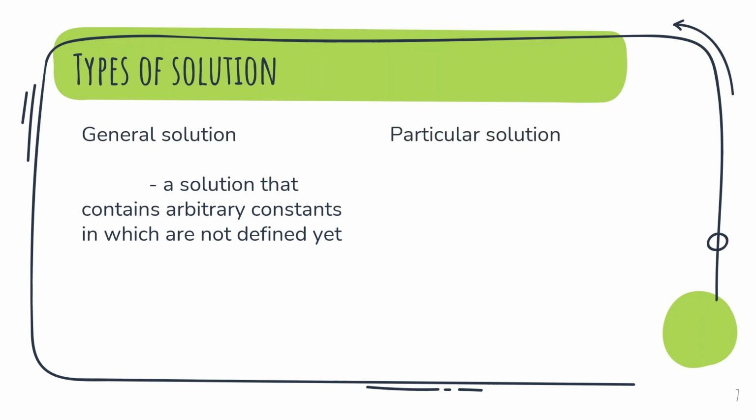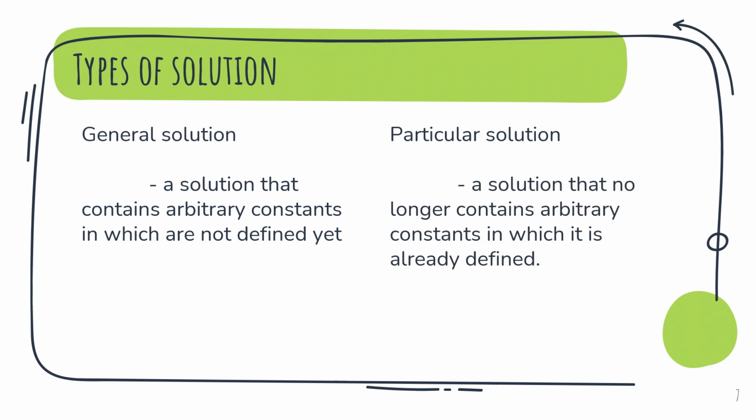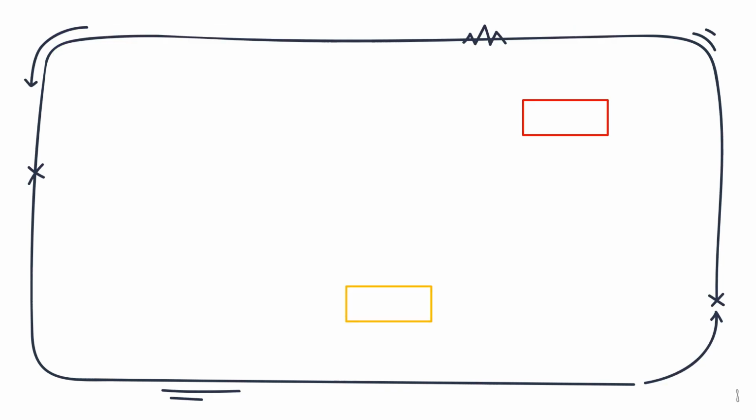Second is the particular solution. So, kabaliktaran naman siya ng general solution, which yung mga arbitrary constants natin ay already defined. So, for example, dito sa function na to, na y prime is equal to 6y over x, and itong mga conditions na to, x is equal to 1 and y is equal to 2.